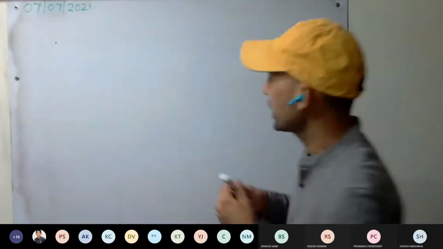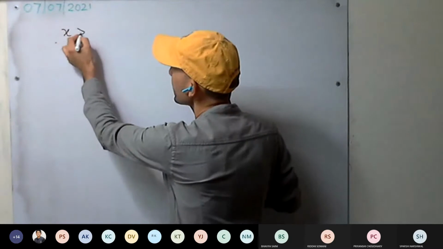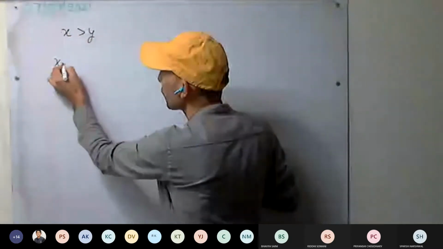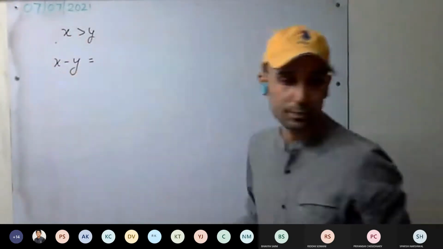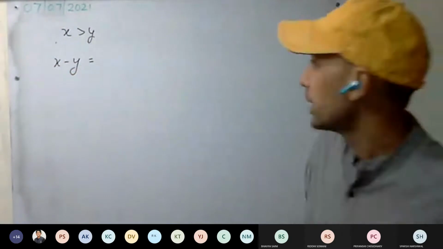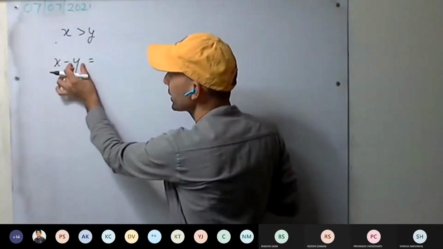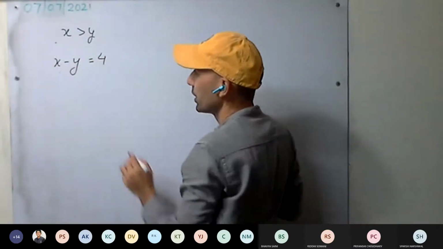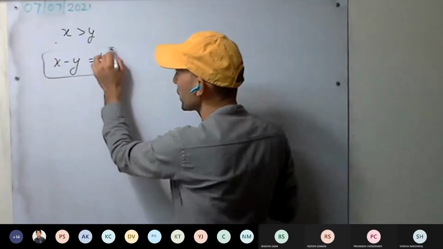So what is the first equation? Since it is given x is greater than y, the difference is 4. So bigger number minus smaller number will give us 4. This is our first equation.